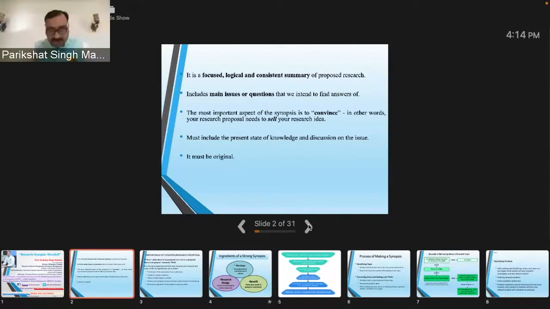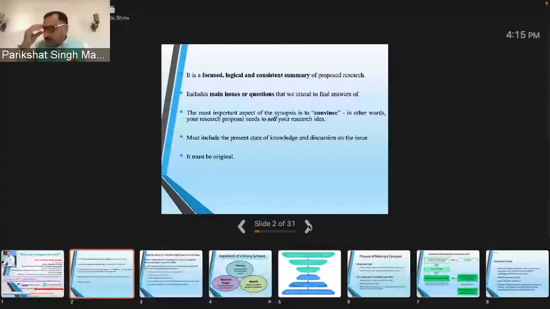When we talk about research synopsis, obviously it has to be a focused, logical and consistent one. These are three keywords that you have to look at and keep thinking about in times to come. We always need a focused view on your research, because you get so much information online.